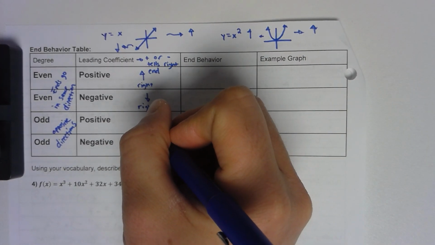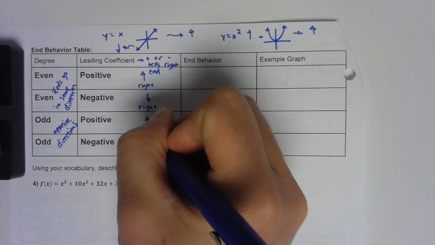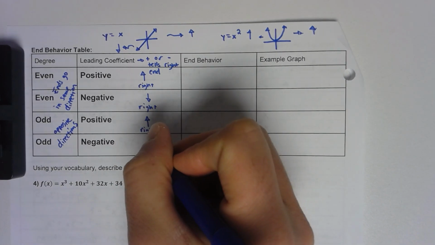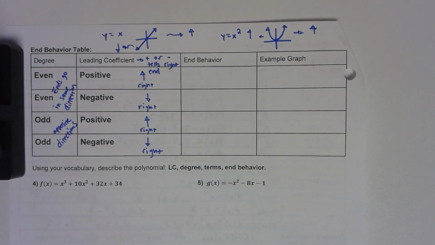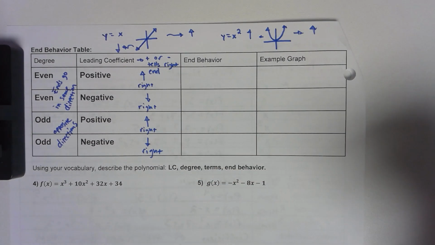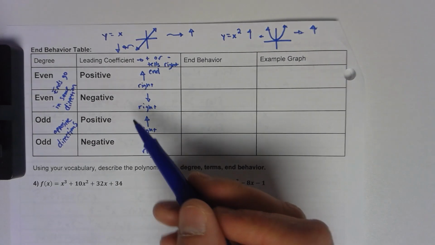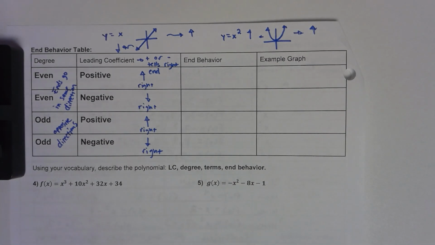And then positive, so up again, and then negative, down again. So that's where I start. When I'm determining whether a polynomial's end behaviors are up or down, I look at the leading coefficient. If it's positive, the right end is up. If it's negative, the right end is down.